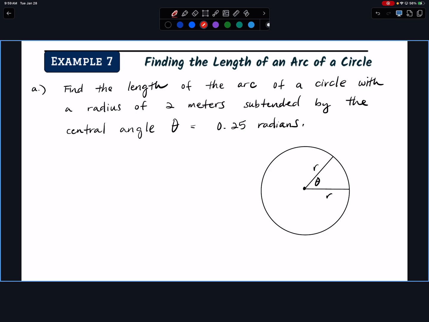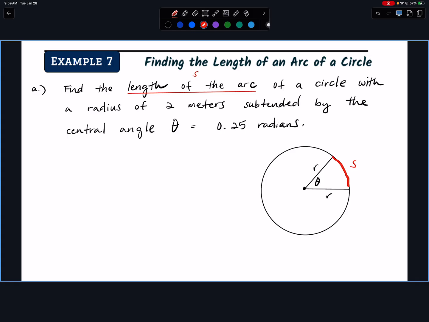The arc is equal in measure, in the same number of degrees and radians, to this angle. So this arc right here is s. If I want to find the length of the arc, I'm finding s.